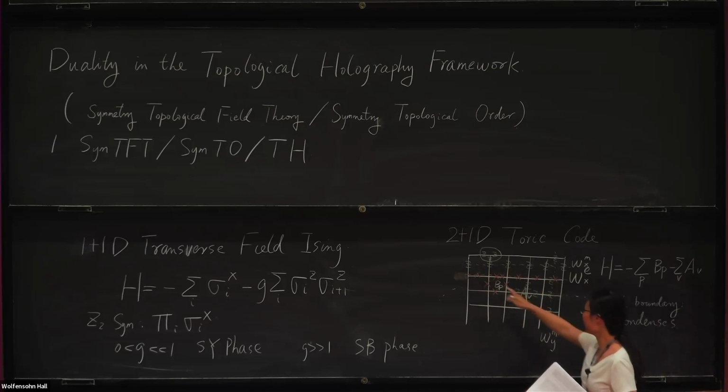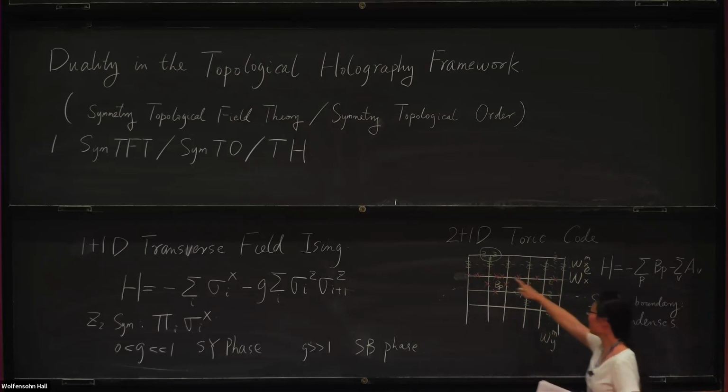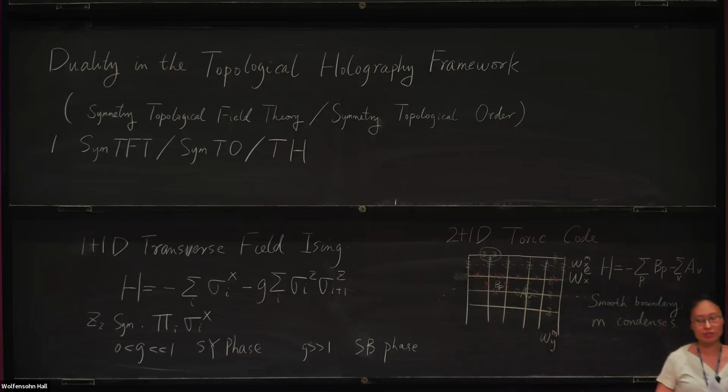So let's look at what can happen for this Z string operator, this WMX, and also the X string operator, WEX. Okay. So first, let's look at the Z string operator. The Z string operator commutes with all the Hamiltonian terms I've specified so far.